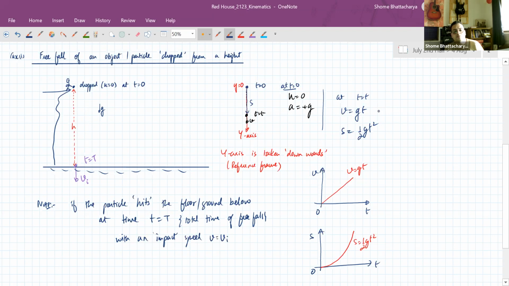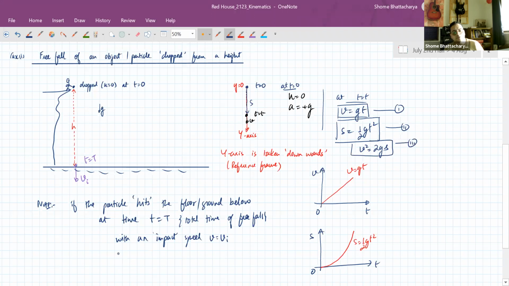Okay. Then from these two equations, we can calculate both of these things. In fact, we can also write the third equation that v square is equal to 2gs. So we can make use of this one also.